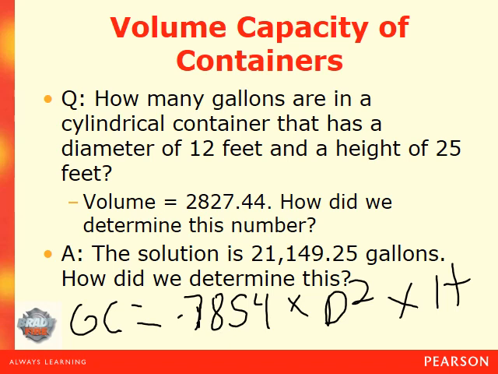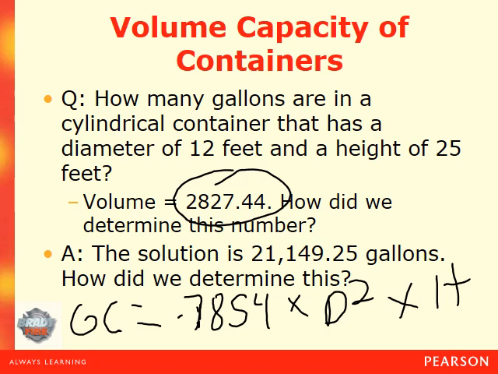So, volume is 0.7854 times the diameter squared, which is 12 times 12, 144, and then, of course, times 25, which gives us an answer of 2,827.44 cubic feet.